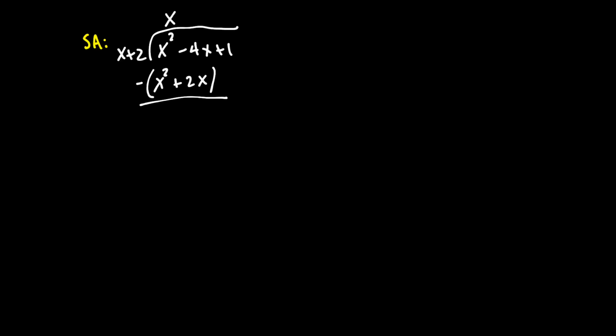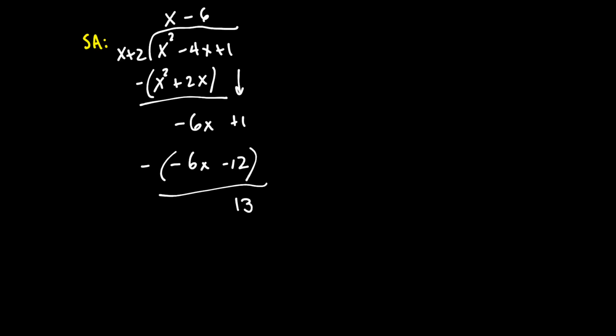Our x squareds disappear, and we're left with a negative 6x. Pull down our plus 1, and then subtract by a negative 6x. This will give us a negative 6 minus 12. Multiply by a negative 1. Our 6 x's cancel out, and we're left with a 13. So therefore, we'll have a slant asymptote at y is equal to x minus 6.